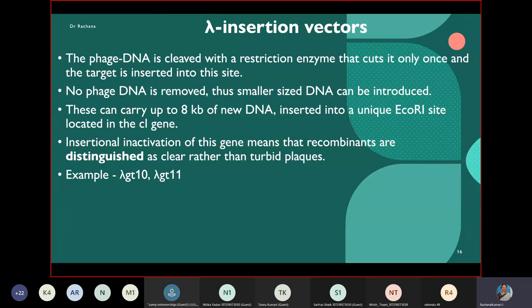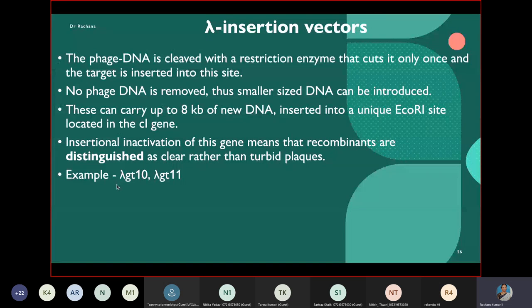But what did we do? We have inactivated the C1 gene by inserting a target DNA. So the sequences of the C1 gene are disturbed due to the additional genetic sequences which are inserted. Now, which was earlier C1 plus, becomes C1 minus. And when it does so, what will happen? Earlier we had turbid plaques, now we will have clear plaques.